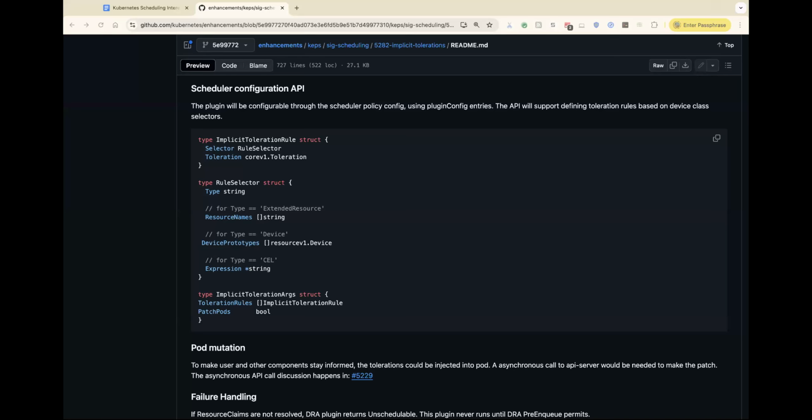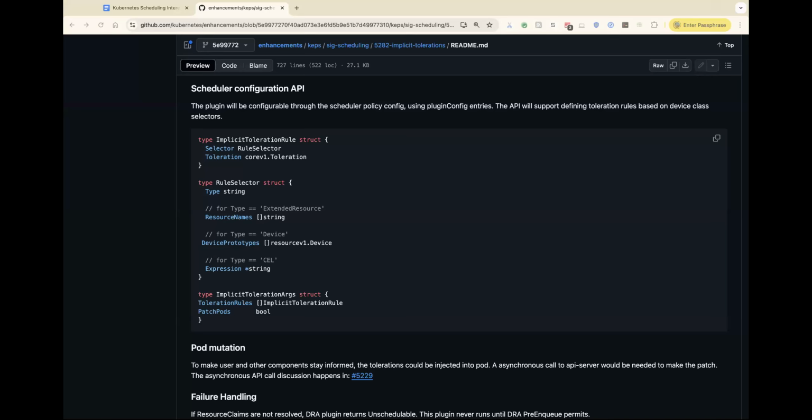The existing native resource is also facing a similar issue, where the node might be tainted and the user could forget to add the toleration. So the pod with specific resources cannot be scheduled.